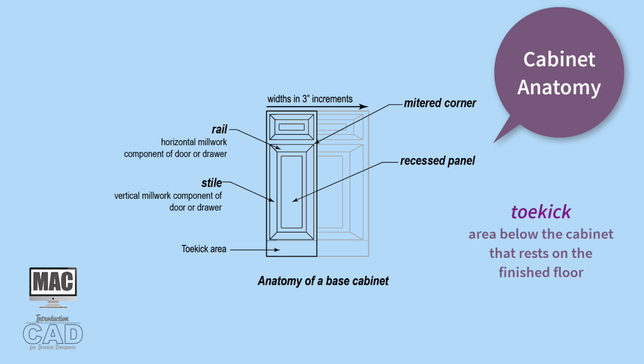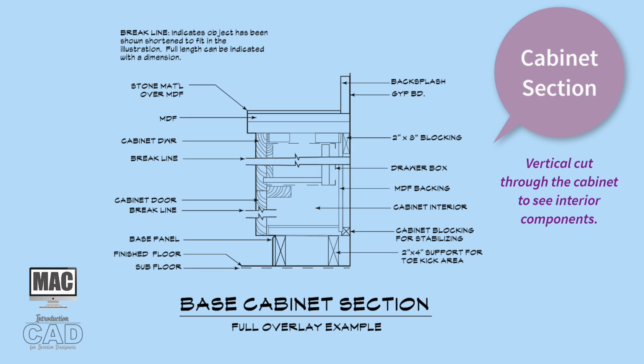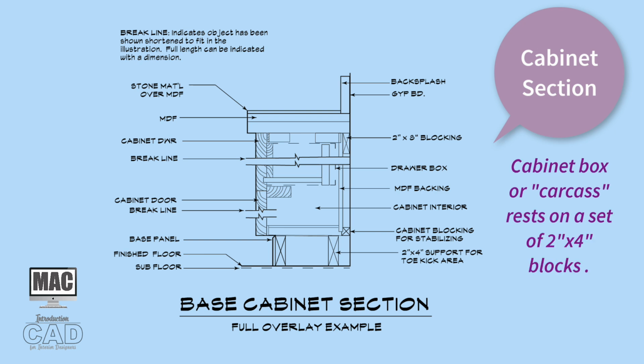Let's look at how a base cabinet is constructed by viewing a vertical section or cut through of the base cabinet so that we can see the way the cabinet is assembled. The cabinet box or carcass, as it is sometimes referred to, rests on a set of 2x4 blocks to raise the cabinet above the finished floor.